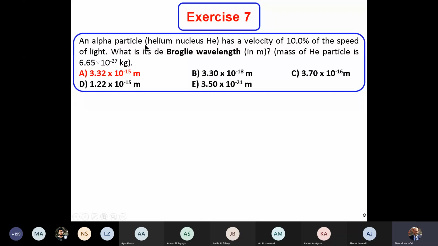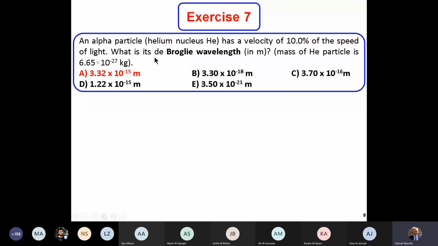An alpha particle, helium nucleus, has a speed that is 10% of the speed of light. So this particle has a speed equal to 10 over 100 of c, the speed of light.